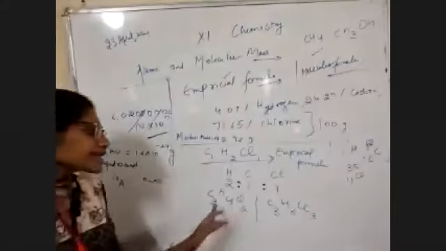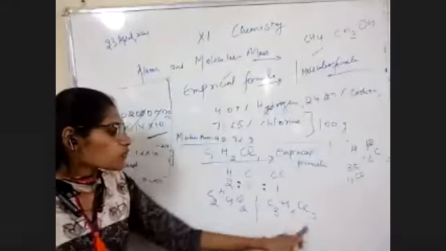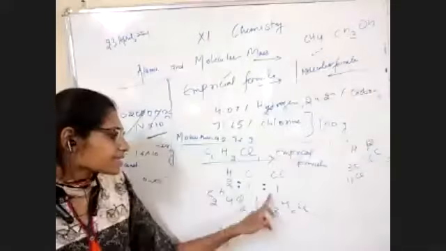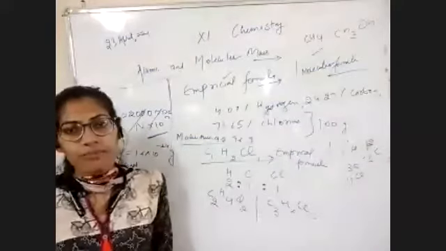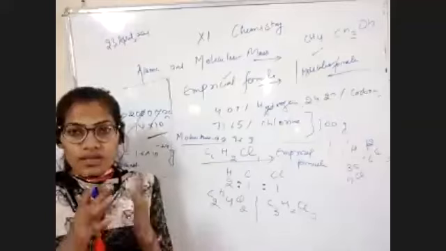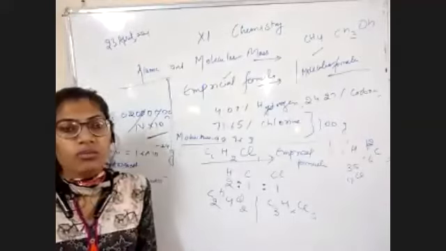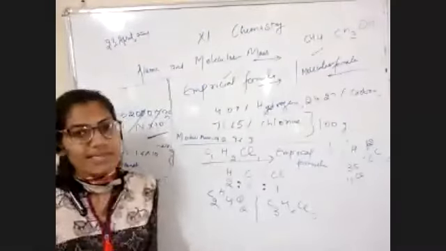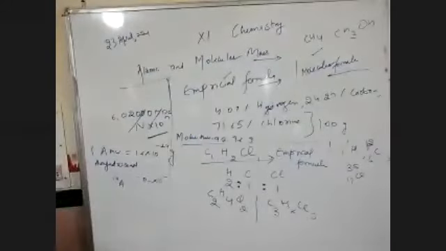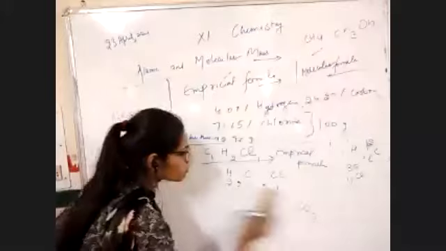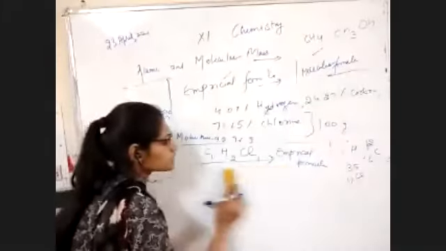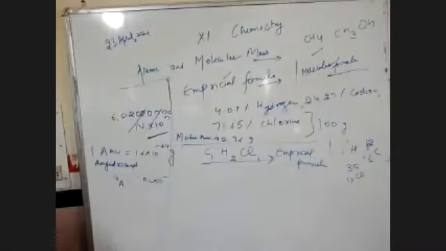I mean to say that the number of moles of these atoms are present in this ratio. This is not exactly our molecular formula. Now, if we need to calculate our molecular formula, we must have a last step. So how can we calculate our molecular formula? The last step, we are left with our molecular formula.